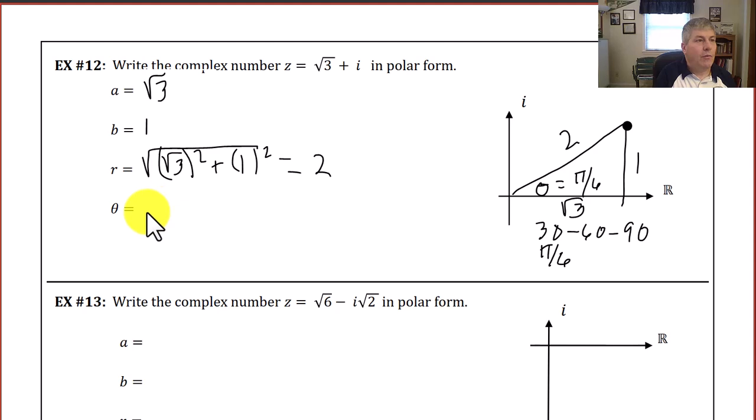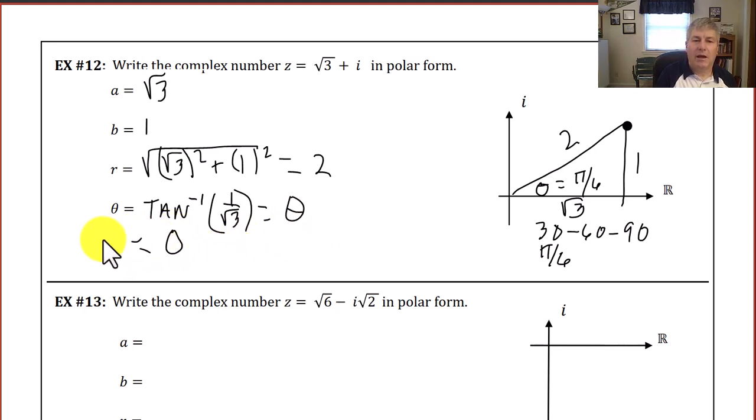If we wanted to do this, we would say the arctan of b over a, 1 over the square root of 3, is equal to theta. If we went to our unit circle, we would see that theta equals pi over 6.